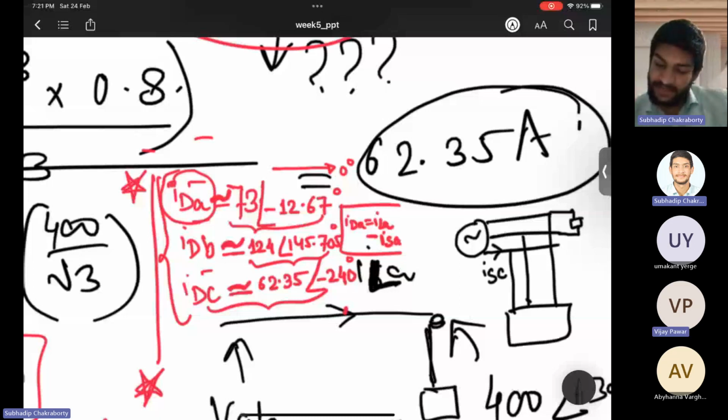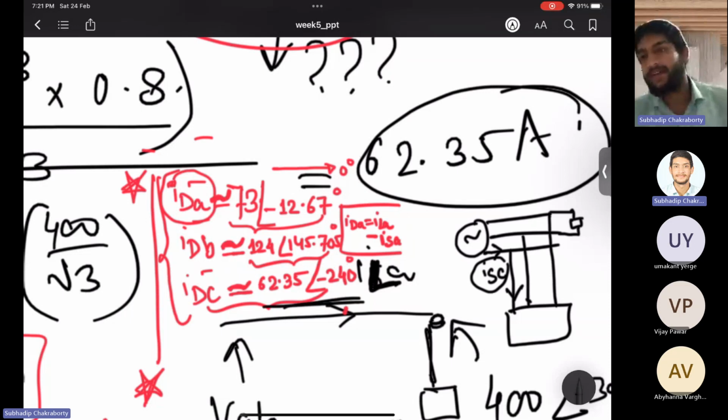The DSTATCOM is bearing this current, right? In order to provide load balancing, this current has some amount of active power. That means the DSTATCOM will not operate only to provide reactive power, but it also has to support with some active power in order to maintain the load balancing criteria. Using some control techniques, you will do load balancing such that the three currents are balanced.